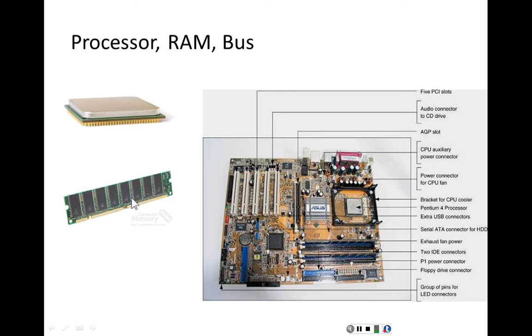And RAM, which stands for Random Access Memory, is primary memory. It's working memory, and it holds the data that the computer is currently working on. And the bus is the little wires printed on the motherboard that connects together all the different components on the motherboard. The bus also connects to the slots, and circuit boards plug into the slots. We'll look at that later.